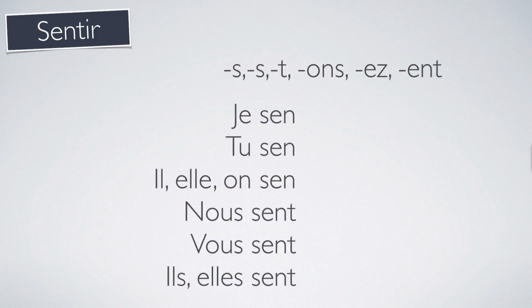The same thing for sentir. Sentir has two meanings, to feel and also to smell. And it's similar to partir as we need a T for the second part of the conjugation. And here we have je sens, tu sens, il sent, elle sent, on sent, nous sentons, vous sentez, ils sentent, elles sentent.